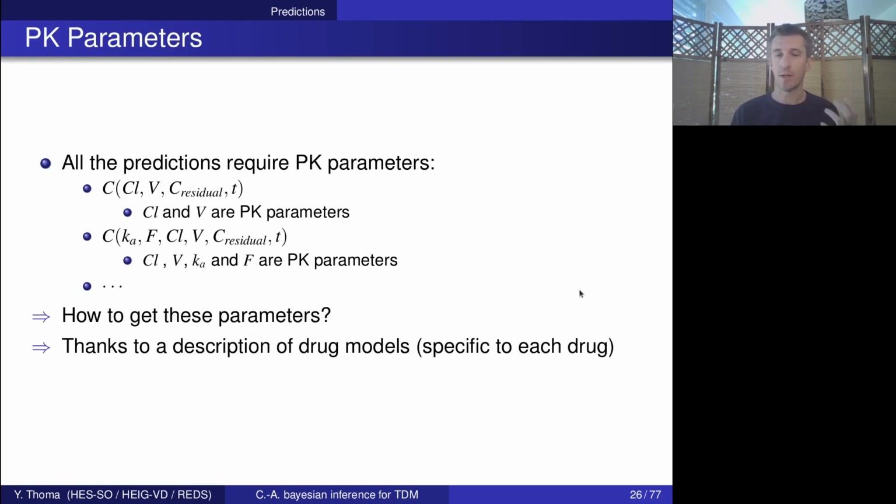Well, we can see that in papers, we have people that are generating mean parameters for a population. And here, in our case, the idea is to describe these parameters in so-called drug models. I'll show you a bit later on how it looks like, with the idea that we don't need to modify the software for every drug model, but we can just add external files to describe all that.